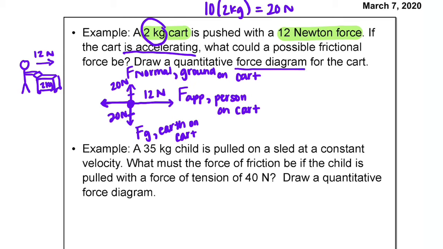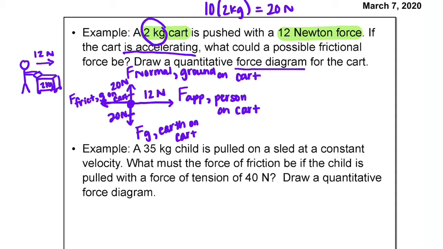So I'm going to label my force of friction, yes, friction coming from the ground on the cart, but I'm being careful to draw that it's shorter or less magnitude than my applied force. So this is my complete diagram. I've labeled everything as best as I can. I can't assign a number to friction unless it's been given to me. I don't know how to calculate it. Someday you'll learn, but not today.